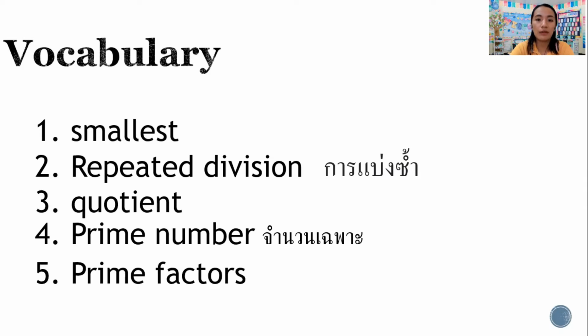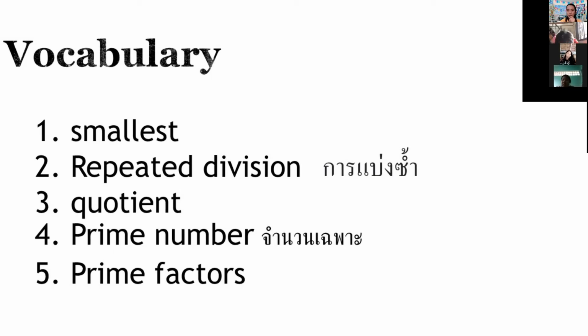And number 5, prime factors. Let's read it one more time. Number 1, smallest. Number 2, repeated division. Number 3, quotient. Number 4, prime number. Number 5, prime factors.